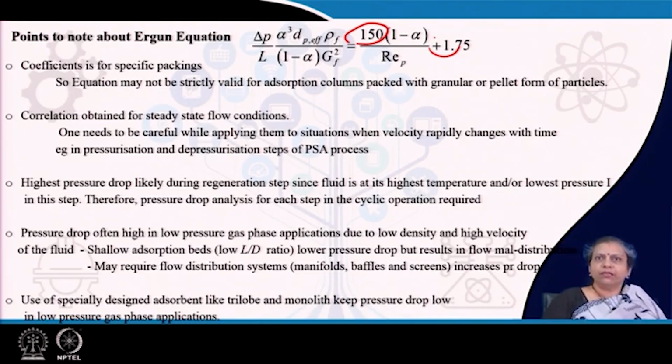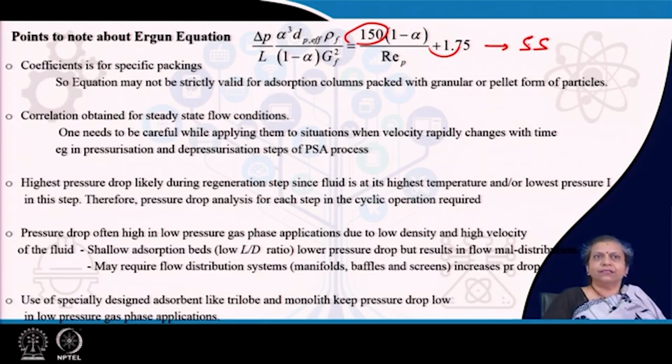So, when we are using granular or pellet form of particles, this equation may not be very strictly valid for adsorption columns. The other important thing is this equation is applicable for steady state conditions. So, when the velocity is changing rapidly with time, one needs to be careful.